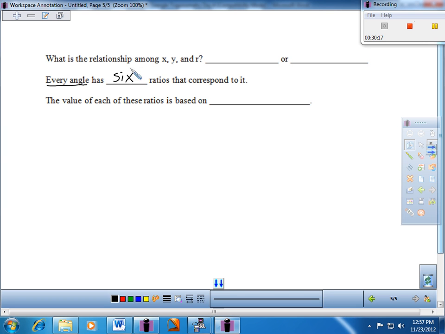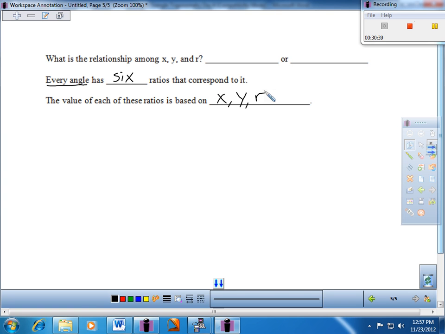Now, not for every number will they be defined, but every angle has 6 ratios that goes with it. And the value of each of those ratios is based on 3 things, as I've alluded to already: x, y, and r. Okay, and that's how they're defined up above, and we're going to do, obviously, a variety of problems that kind of deal with this piece.